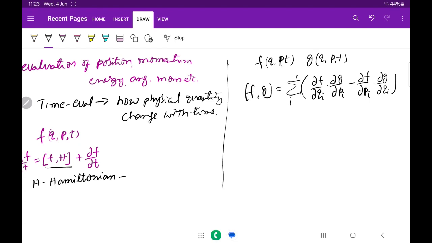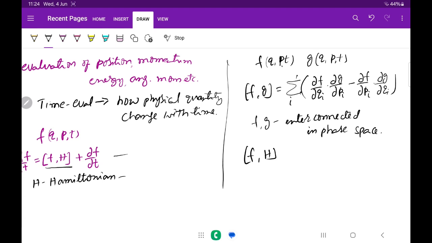It tells us how two quantities, f and g, are interconnected in phase space. Essentially, the Poisson bracket of f and H tells how f evolves under our system's dynamics.